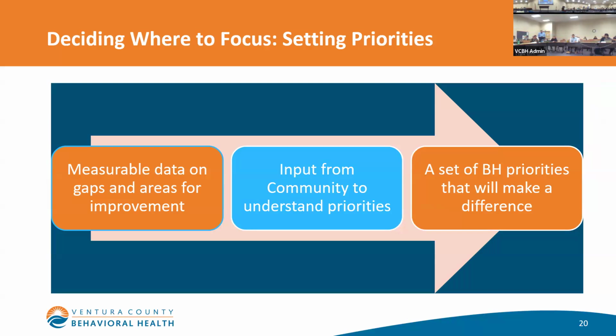We want to hear your questions, but we really want to hear solutions that you have to offer and your priorities for improvement based on your understanding of how behavioral health, both mental health and substance use, affect the communities in which you live, work, and play. And we will use those priorities to shape the integrated plan. Just as a quick review, and then we will go to the questions from the Behavioral Health Advisory Board.